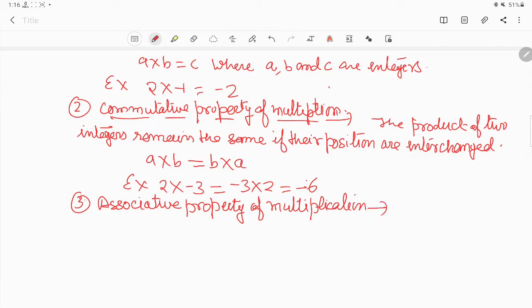This property states that the product of two or more integers remains the same irrespective of the order in which they are multiplied.